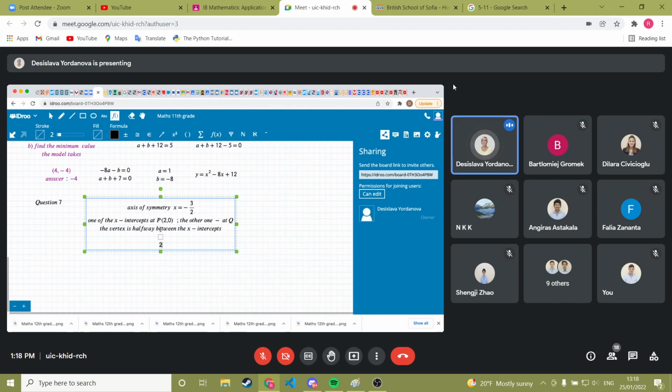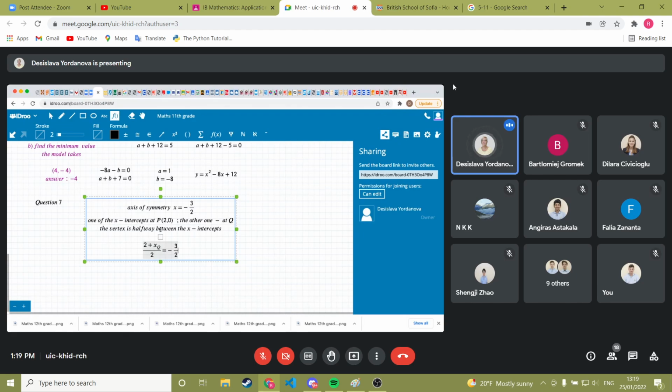So 2, which is the x-coordinate of P, plus the x-coordinate of Q, all this divided by 2 should equal negative 3/2.